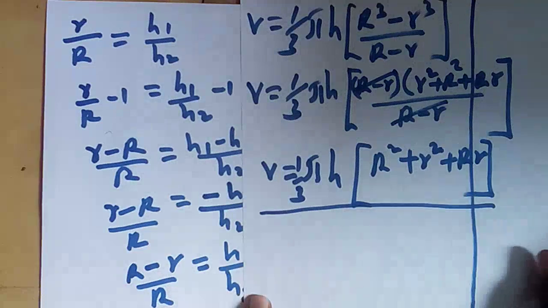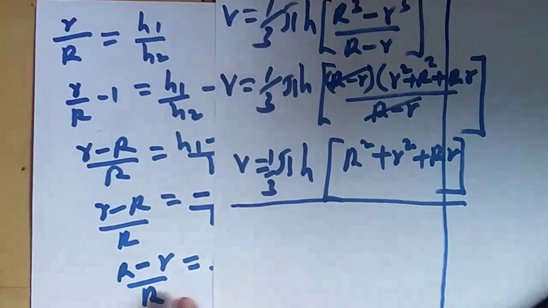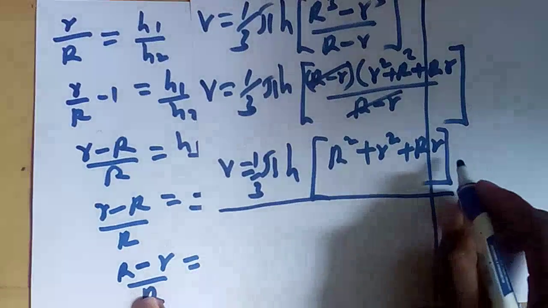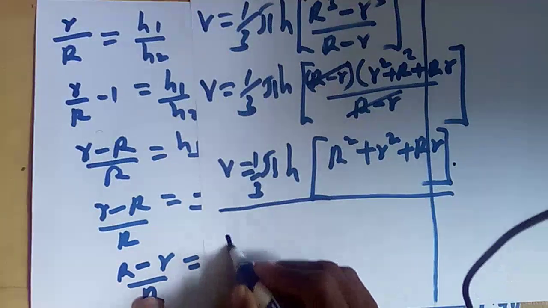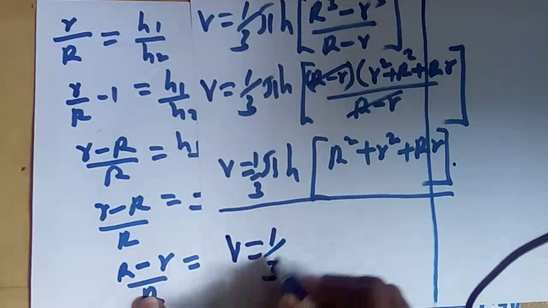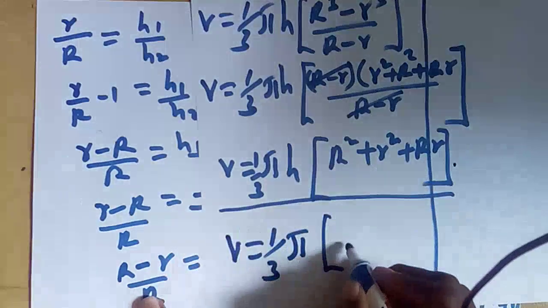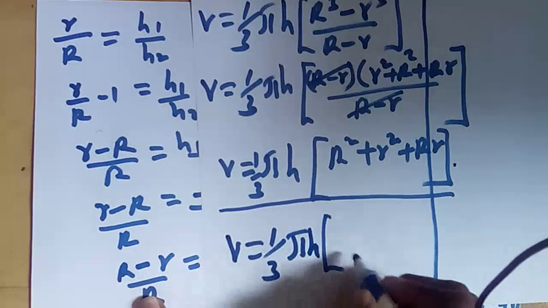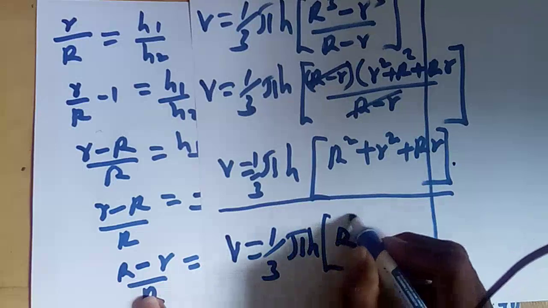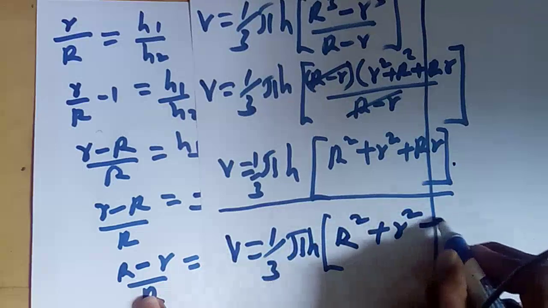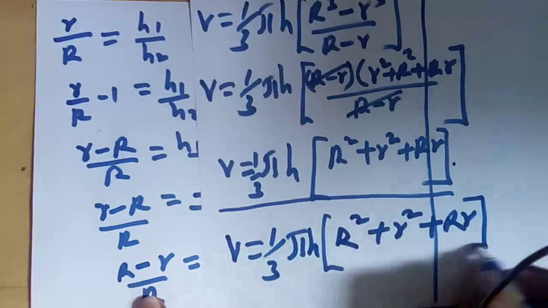Now, if we proceed on and maybe try to simplify this particular equation, then I can say that volume is a third pi into h, R squared, then you have Rr, like this one.